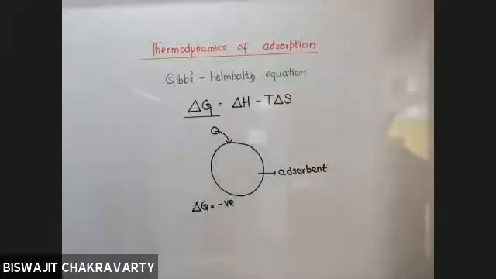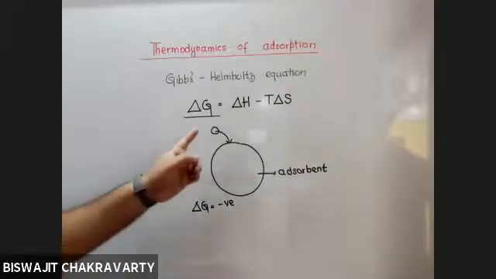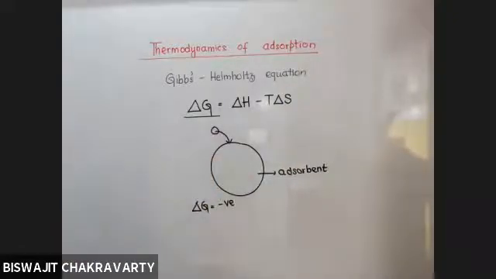Now tell me, during the adsorption process, what do you think is happening to the entropy of the system? Is it increasing or is it decreasing? What do you think?